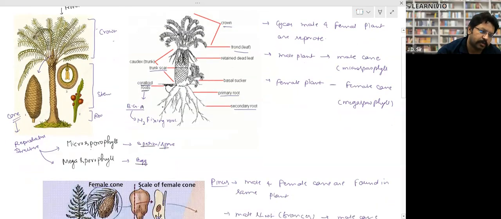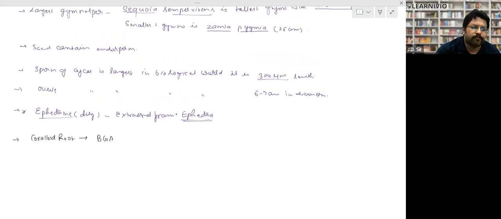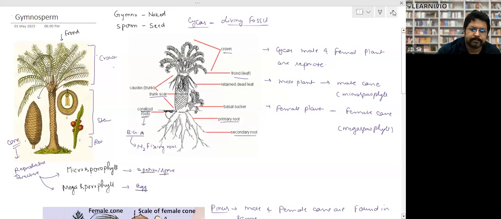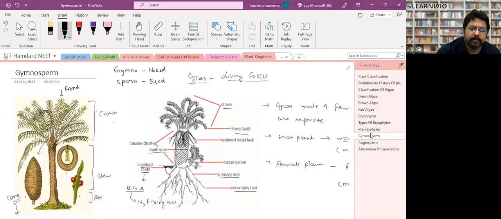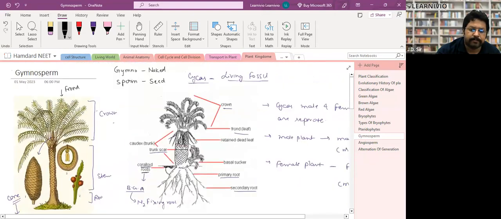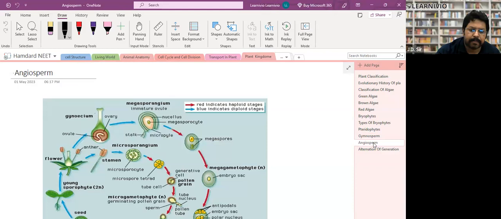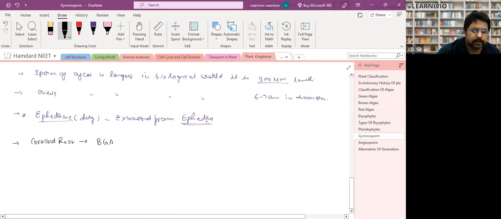Ephedrine is a drug extracted from Ephedra, E-P-H-E-D-R-A. It is written over here.